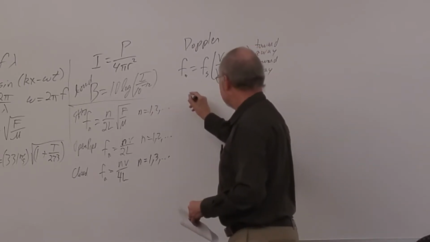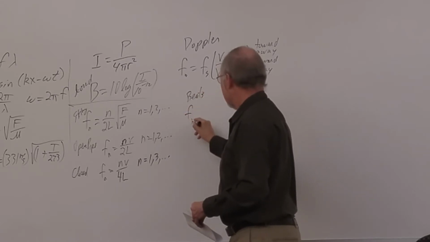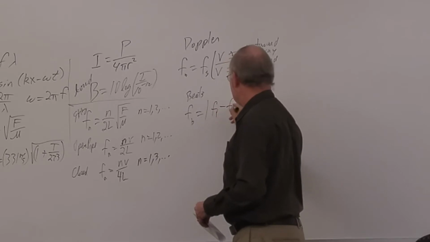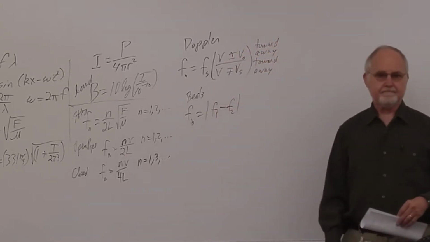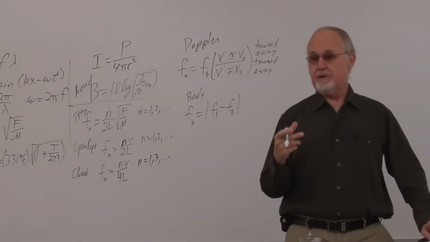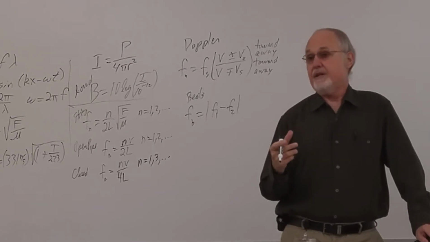Beat frequency. Beats: the beat frequency is the absolute value of the difference of two frequencies being played simultaneously. So you're hearing these two frequencies, and the difference of those two is the beat frequency. Remember, that's the variation in the loudness of the sound.